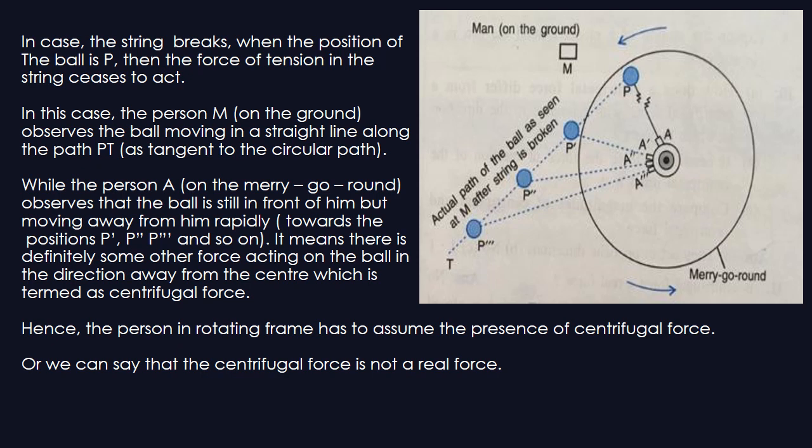And this force has no meaning for the person standing at position M, because for him the ball is moving in a straight line path. But for the person A, who is standing on the merry-go-round and moving along with it, this centrifugal force is meaningful, due to which the ball is moving away from him.